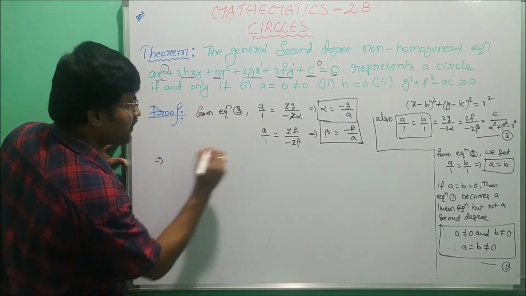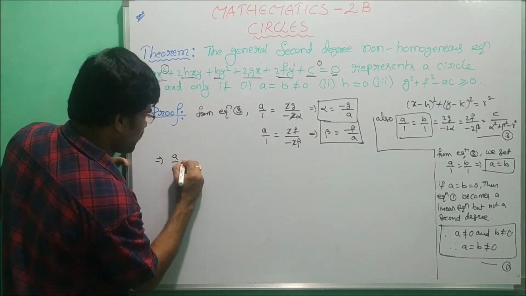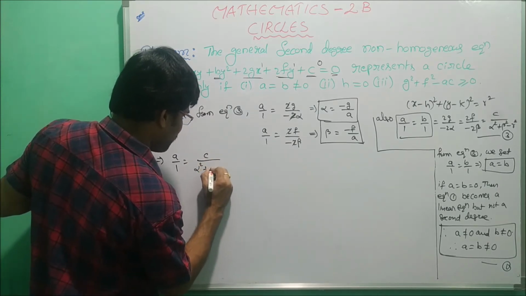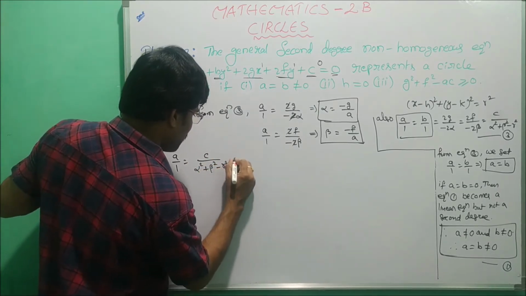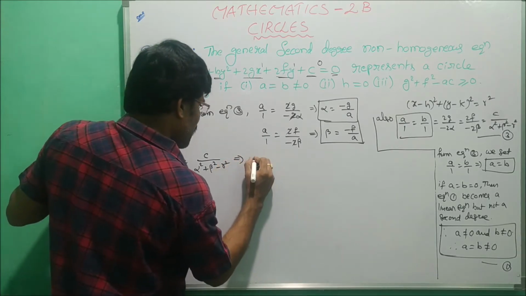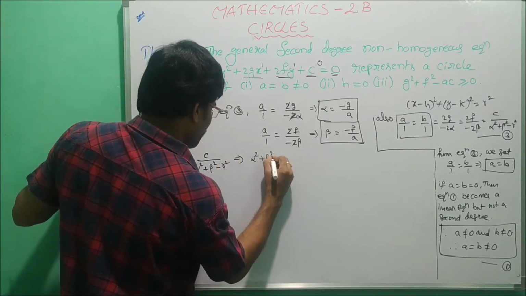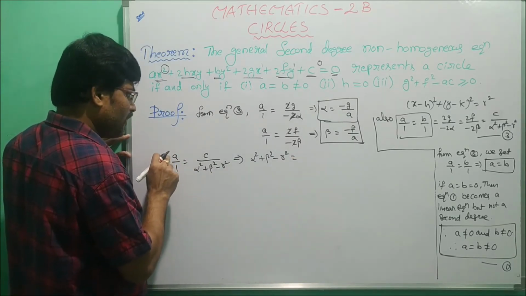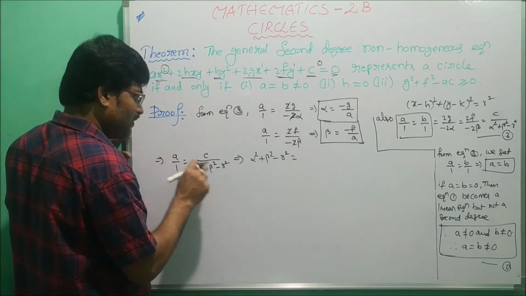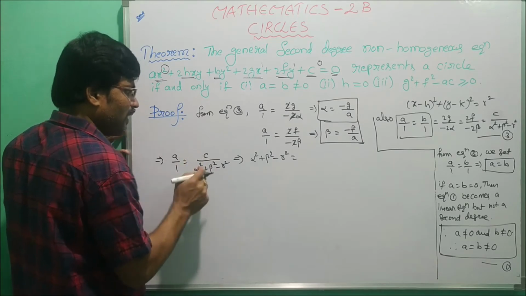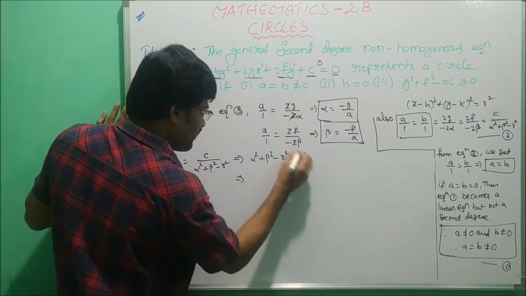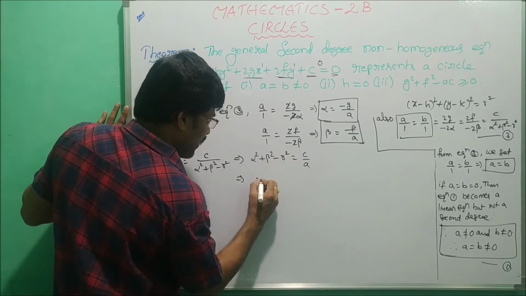Now we take a by 1 equals the last term, c by alpha square plus beta square minus r square. Now alpha square plus beta square minus r square equals, here we take a to the right side, that is divided with c. So c by a. Now from this we find r square.